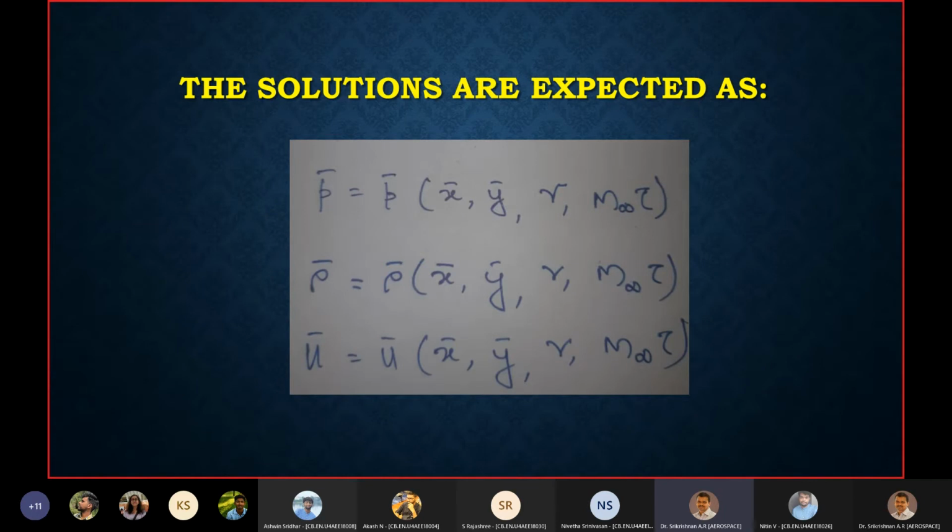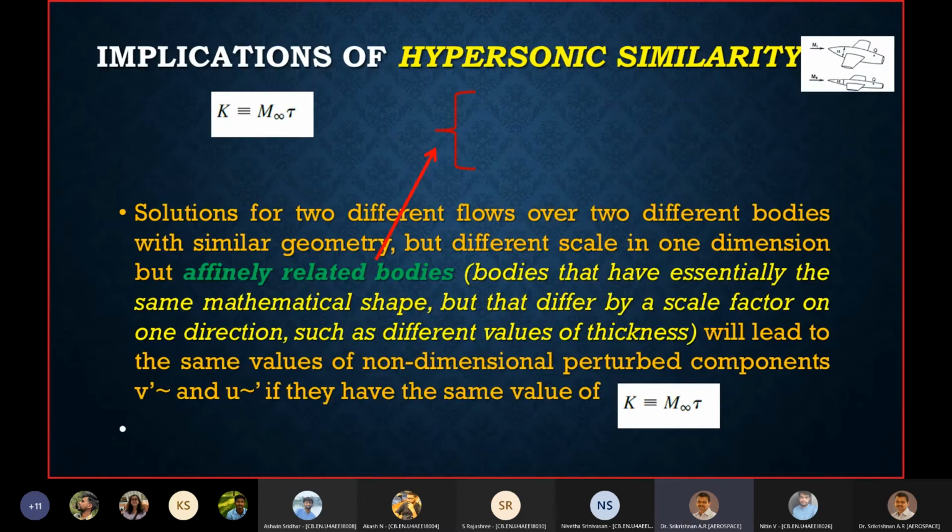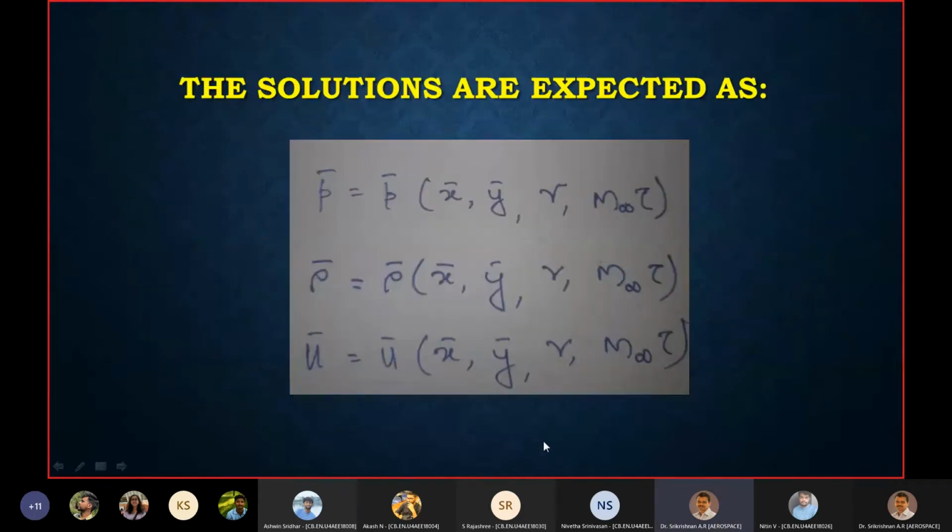So this will be the type of solutions that we get, which in turn means that, before I go to this huge text here, I guess we can readily reach the conclusion.